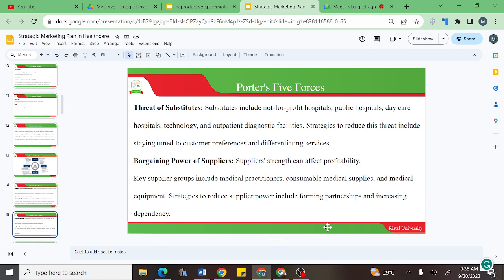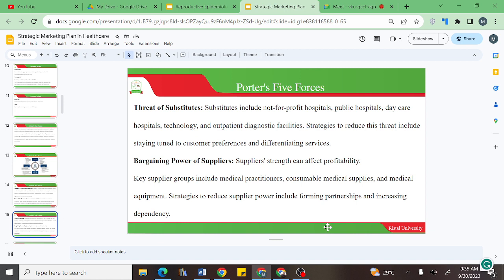You need to provide services that the clients want in the way they want them. So differentiating or having unique healthcare services that meet customer preferences is very key.